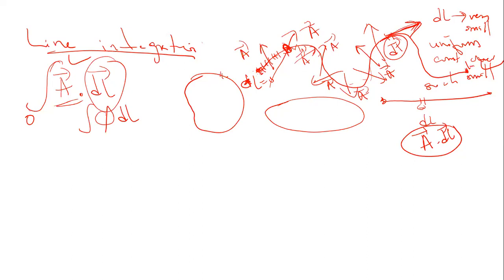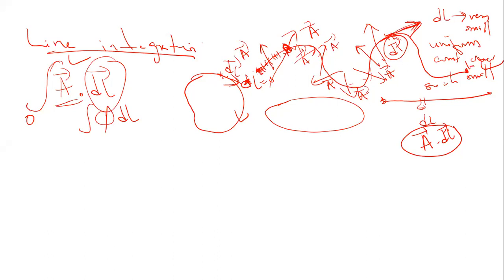But here in this circle, if you are going to perform the integration in the clockwise direction, what is the line element vector here? Just take a tangent vector along this direction. This will give me the line element vector at this point.